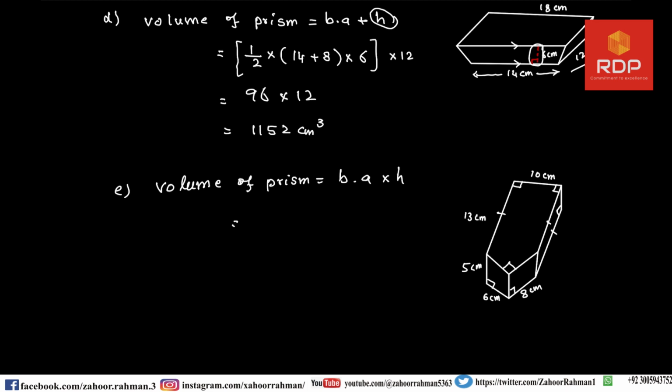Now in this case, I am writing 1 over 2 into 6 into 8 plus 13 into 10. That is the base area, and then the height of this prism is 5.